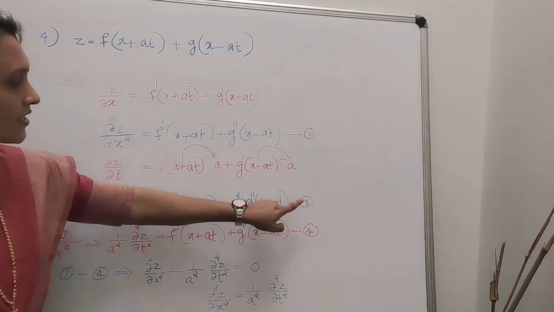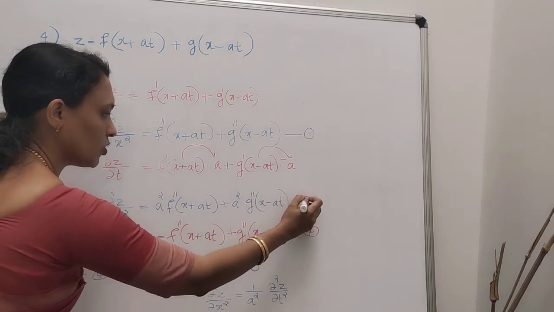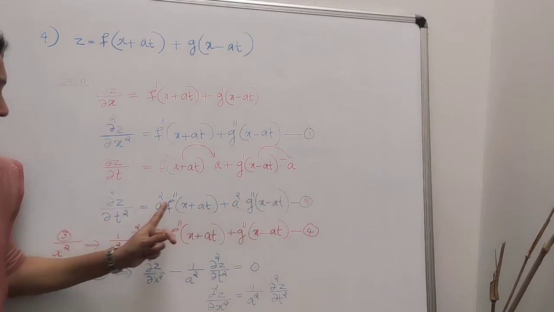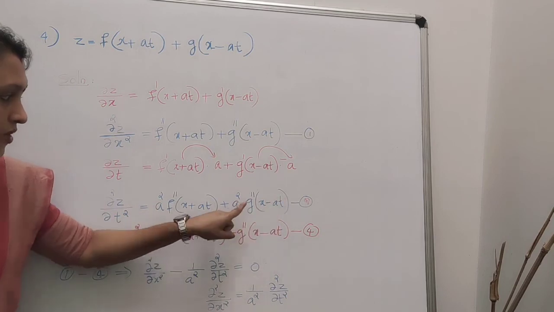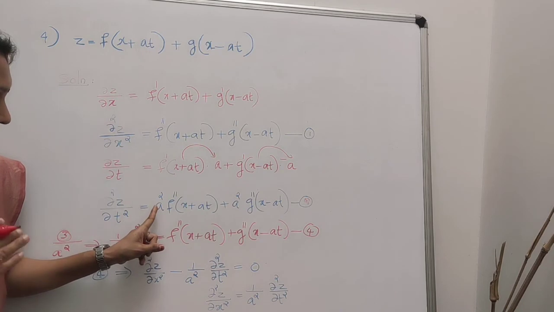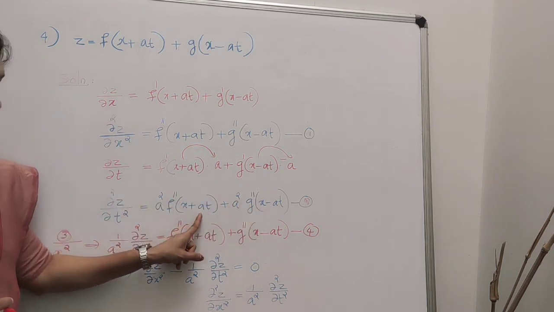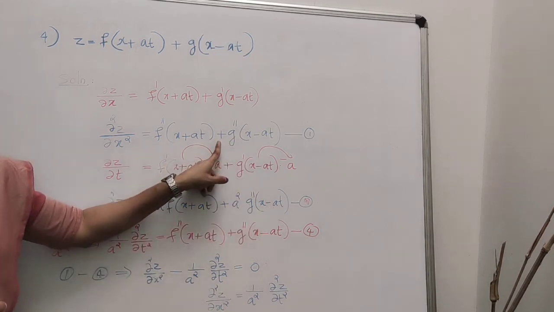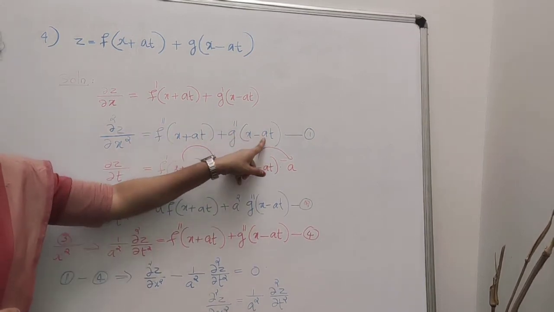Now you observe equation 1 and this is equation 2. Now you observe this equation. When you divide the whole equation throughout by a square, what will be the RHS? If I divide throughout by a square, it becomes f double dash of x plus at plus g double dash of x minus at. And look at this: in equation 1, the same expression, f double dash of x plus at plus g double dash of x minus at.